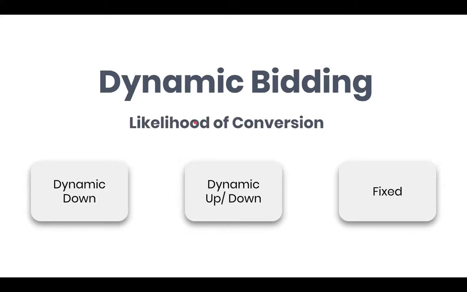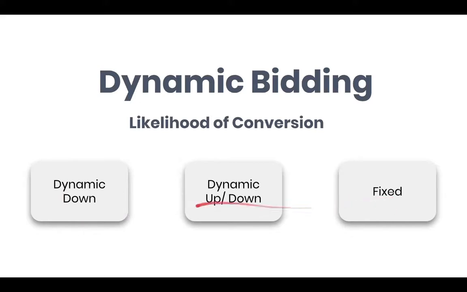And so Amazon is giving us the option now to bid higher when there is a chance of conversion. And it's also bidding lower when there is not a chance of conversion. So the three are dynamic down, dynamic up and down, and fixed bid.